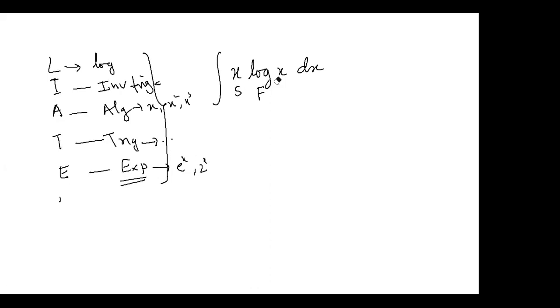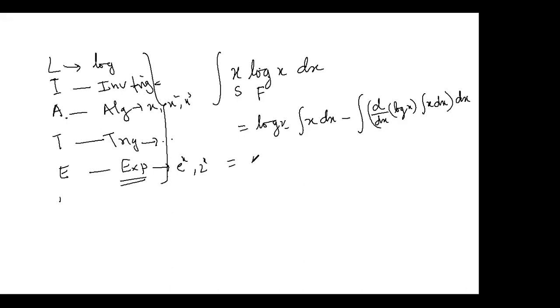So if I have x log x, what are the two things I have? I have logarithmic and algebraic. Logarithmic is before algebraic, so I start with the logarithmic. So first function into integral of second minus integral of derivative of first into integral of second, all into dx.